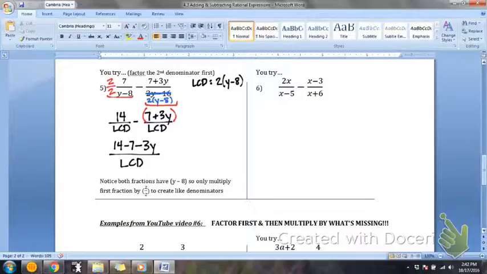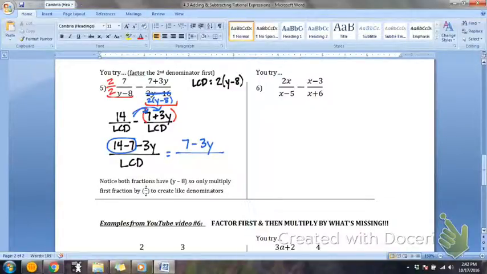If I'm going too fast, speak up, ask questions. So all I did from the second step to the third step was distribute this negative sign. Now I can combine like terms. What's 14 minus 7? 7. So I have 7 minus 3y. Can that be simplified or factored?